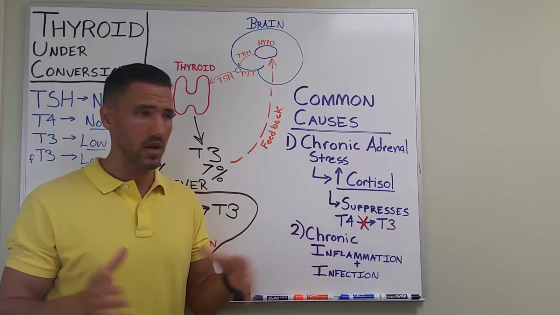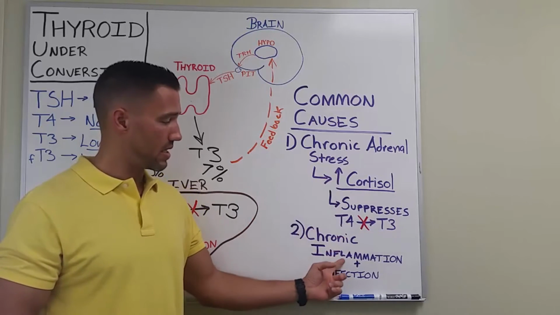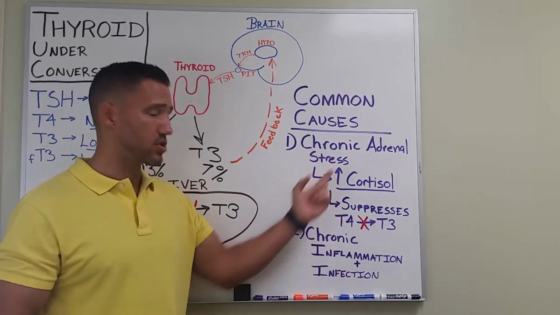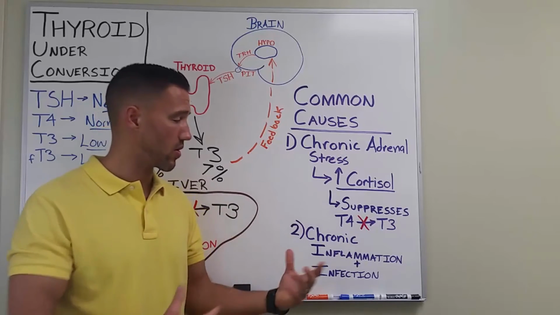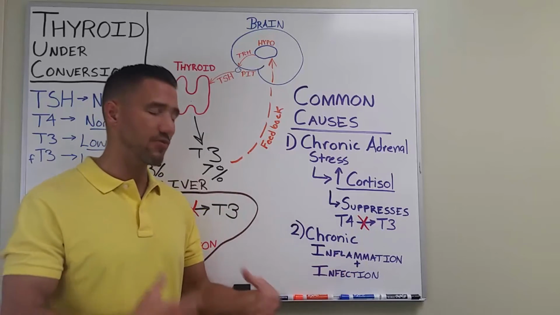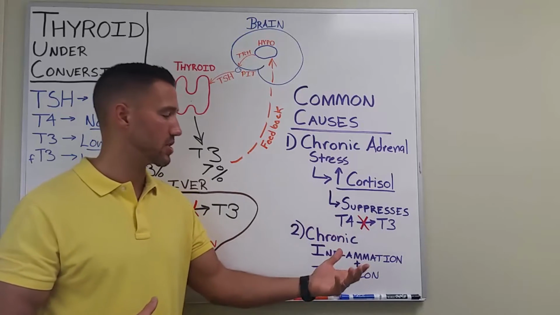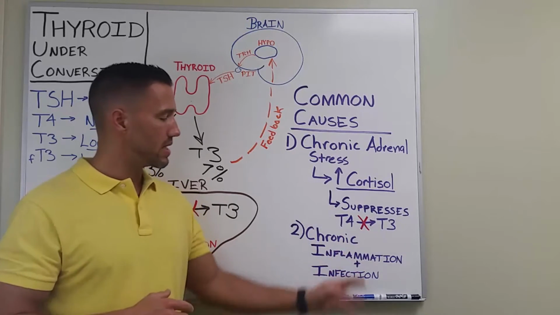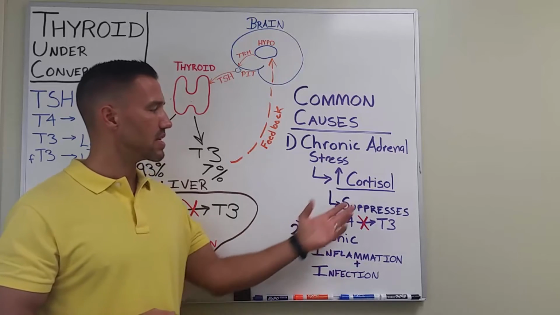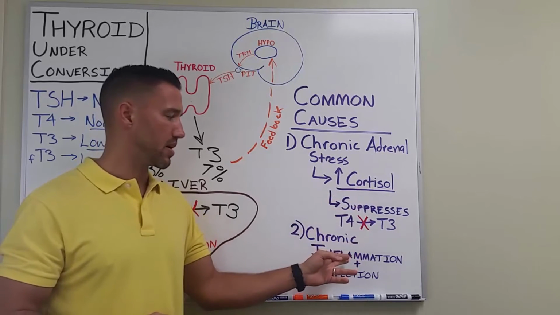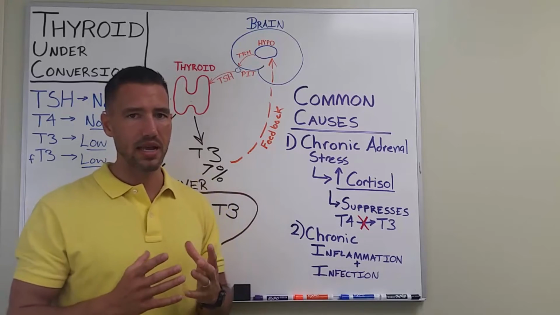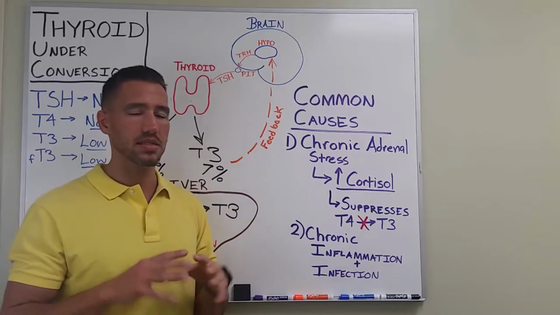So what are chemical stressors, right? Well, chronic inflammation will drive a stress response. Your body will produce more cortisol. Chronic inflammation and infections kind of go hand in hand. The infection will drive inflammation. What the inflammation really does is it can drive cortisol production, but it also can degrade and break down the cell membranes.